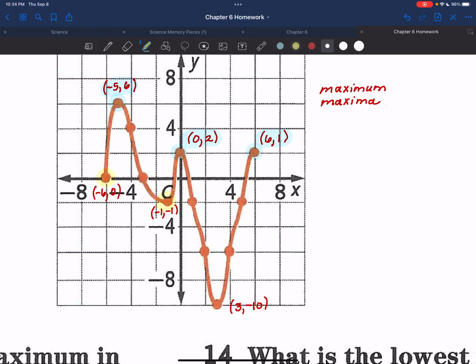So these are the relative minima. One is a minimum, many are minima.